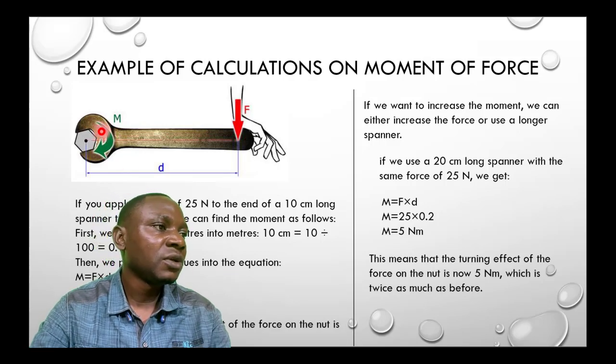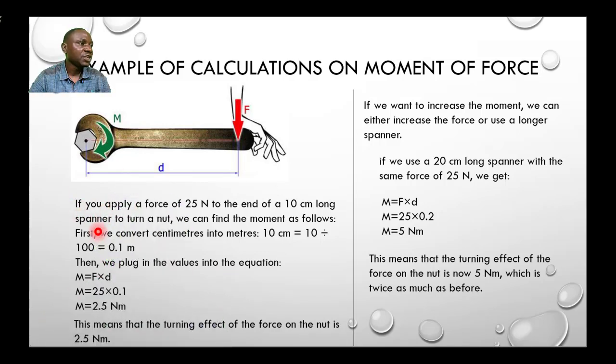The question here says, if you apply a force of 25 Newton to the end of a 10 centimeter long spanner to turn a knot, we can find the moment of force as follows. First, we convert the centimeter into meters. It is very important for us to take note of this.